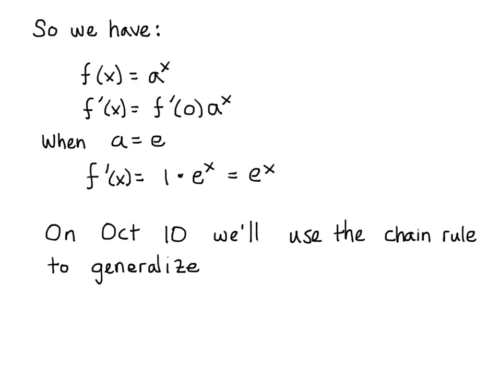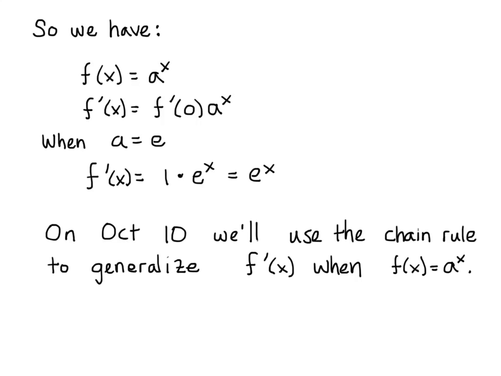So now, what's the rest? How are we going to find the derivative of all these other functions when it's not e? October 10th is scheduled on our schedule, when we'll talk about what the derivative is when a is not e. The short story is that we just use the chain rule, and the chain rule is going to require us to know the inverse of e to the x, so we'll get to that point.